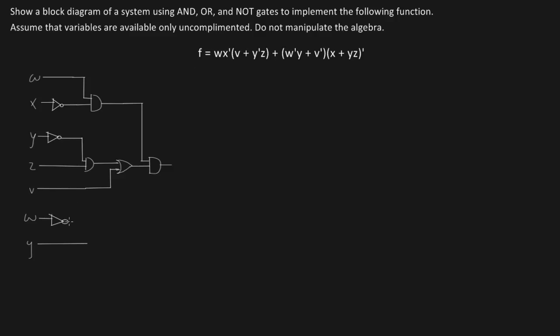Alright. And these two are ANDed together. So another AND gate down here. And that's going to go to an OR gate. I know that that's going to go to an OR gate because we're going to OR it with the V complement. So we'll just draw that right now.